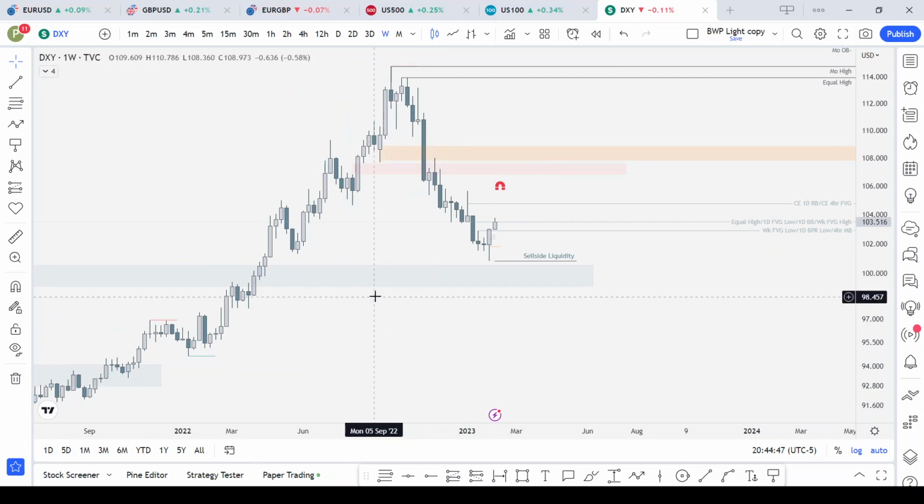Now ask yourself, from this candle, is this candle likely going to reject and come back down? Is it likely going to run up?